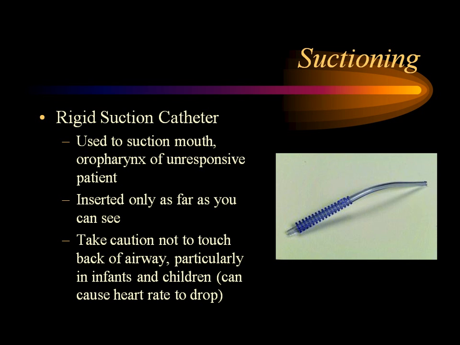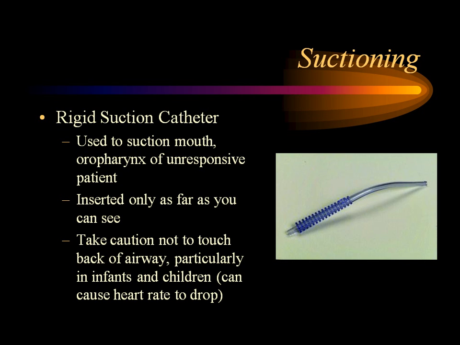So you hold that device up from the earlobe to the corner of the mouth, and then put your finger right there, and that's as far as you need to go. Because if you go any further than that, you can get further down into the oropharynx, where some of that soft tissue is, and you'll really tear it up. And then you just cause a lot more bleeding. You cause more problems than you did good.